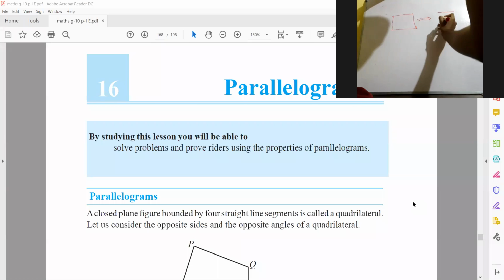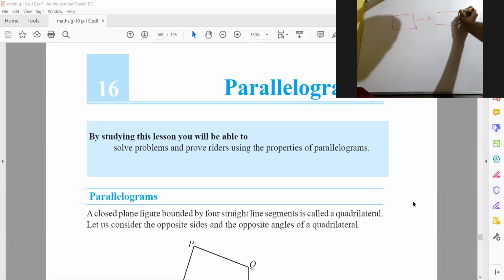If the opposite sides of a quadrilateral are parallel to each other, we call it a parallelogram, right?